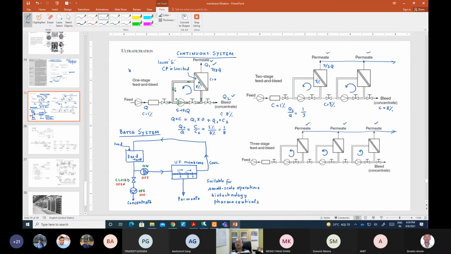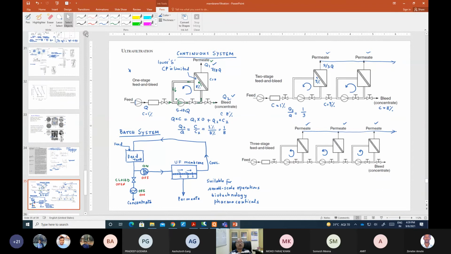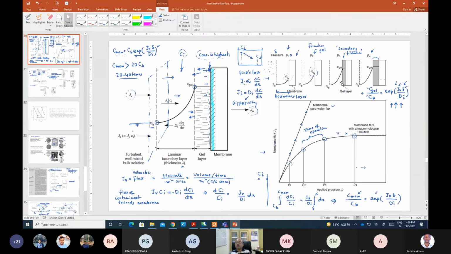It is seeing 3%. So your concentration polarization value will be much less, because if you look at this formula here, this membrane is actually seeing CB equals 3%, not 8% as before.